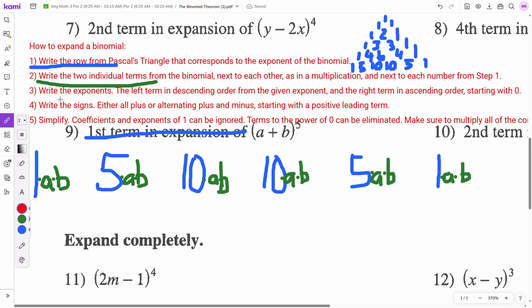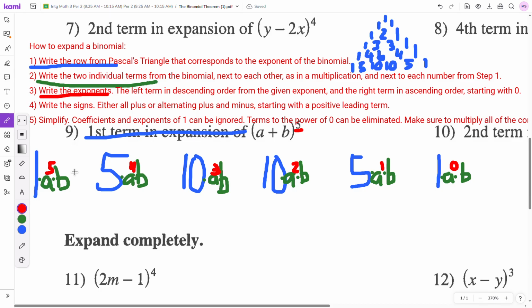Then we're going to write the exponents. It says the left term in descending order from the given exponent. In this case, the given exponent is 5. So on the left variable, or the left monomial, we're going to write the given exponent, 5. Then on each successive one on the left, it's in descending order: 5, 4, 3, 2, 1, all the way to 0.